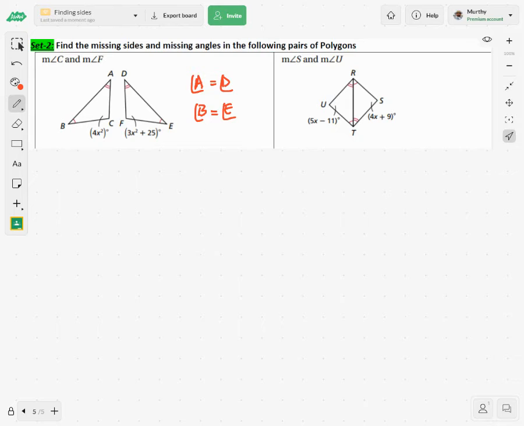Therefore, obviously, these two are similar by AA similarity. If these two are similar triangles, then the third angle, angle C, equals angle F. Sides are proportional, but the angles are equal. Now, let me plug in the values. Angle C equals 4x square.